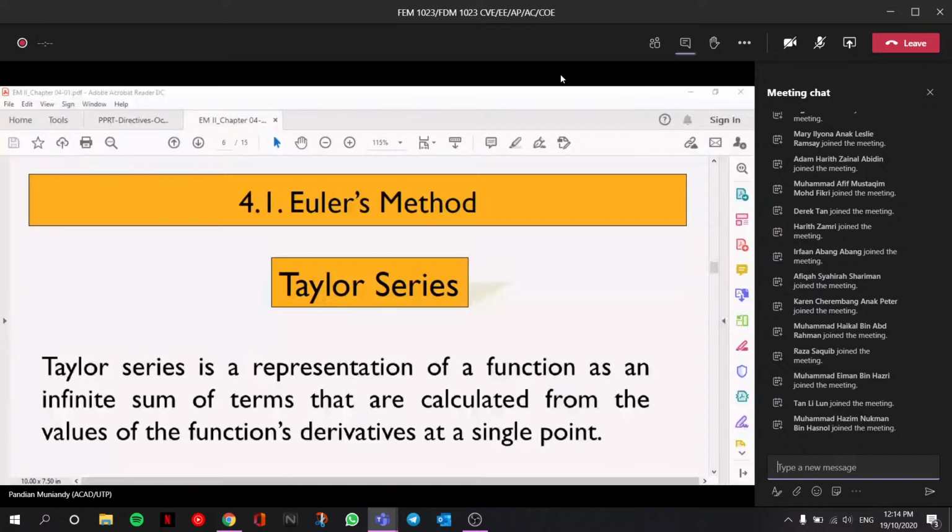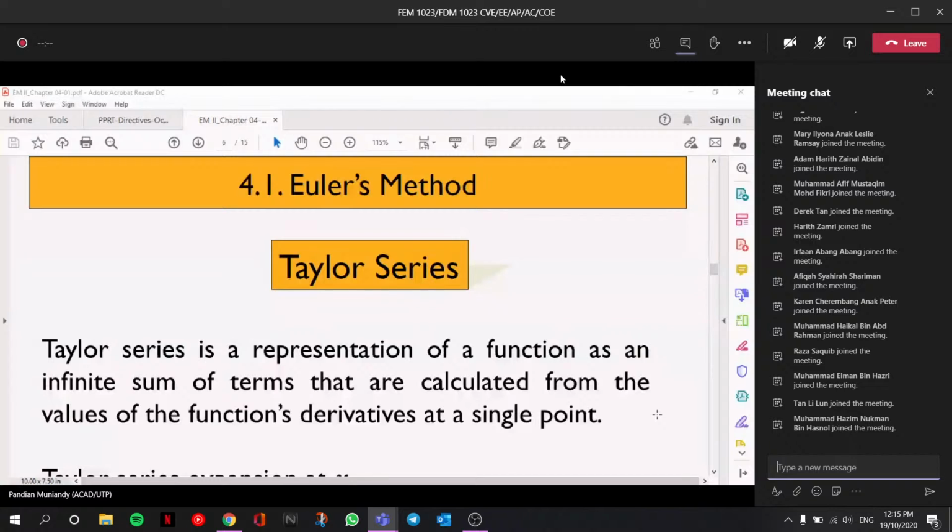At a single point. So what is the meaning? We can represent a function in a series form. This was already discovered by the person named Taylor. So we derive Euler's method from Taylor series.